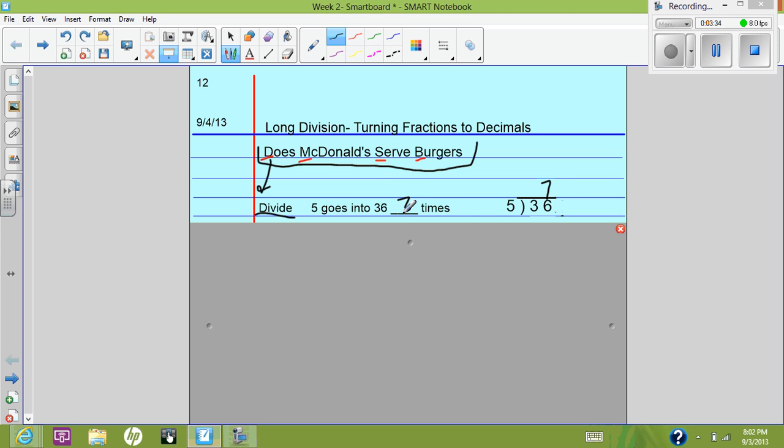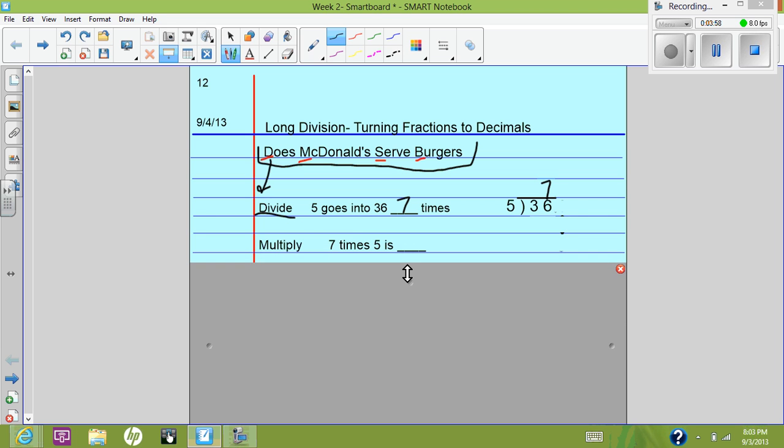Now, you may have to count up your multiples, you may have to guess and check a couple times, but you want to get as close to 36 as you can without going over. So 5, 10, 15, 20, 25, 30, 35. It goes 7 times. Make sure that's written on the back of that first flap.